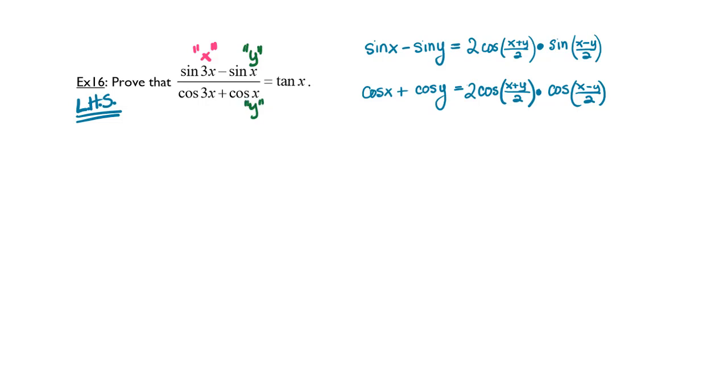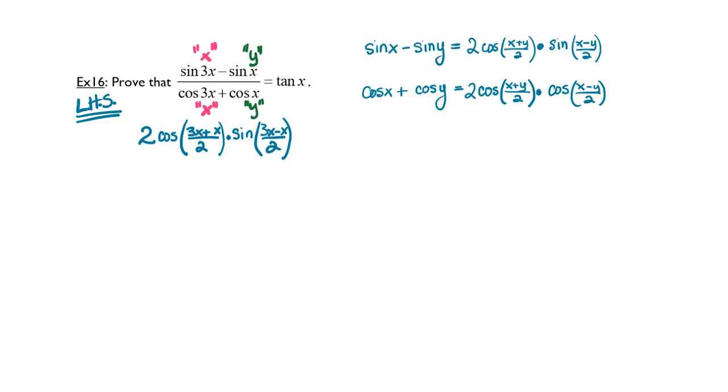So this helps me with the substitution for the formula, and this should help modify everything to look like the right-hand side. Now, sine of x minus sine of y gives me in the numerator 2 cosine of 3x plus x over 2 times the sine of 3x minus x over 2.